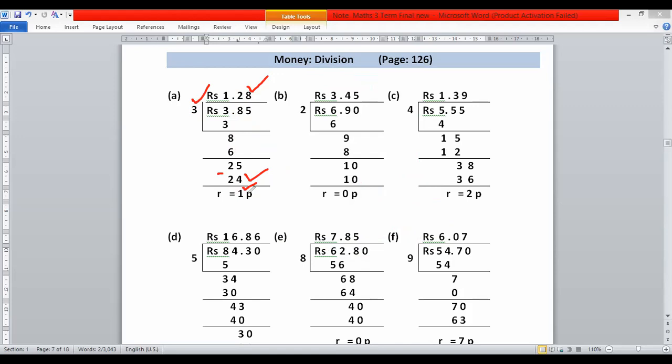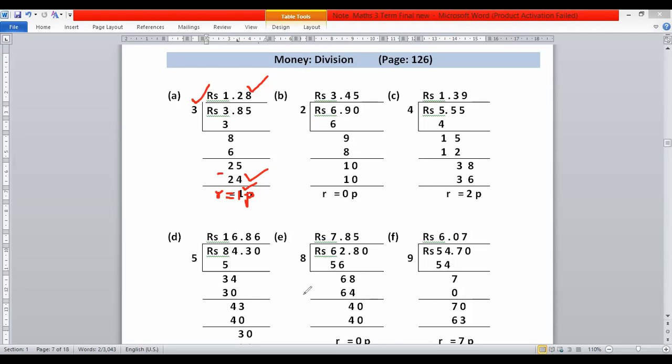And this 1, dear students, is paisa, 1 paisa. So the remainder, R stands for remainder. At the end we will write R equal to 1 paisa. It means, after dividing 3.85 by 3, we get 1 paisa remaining.